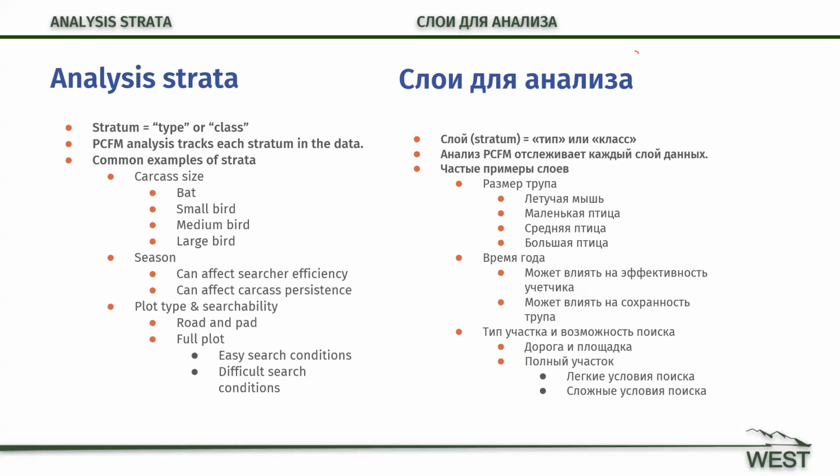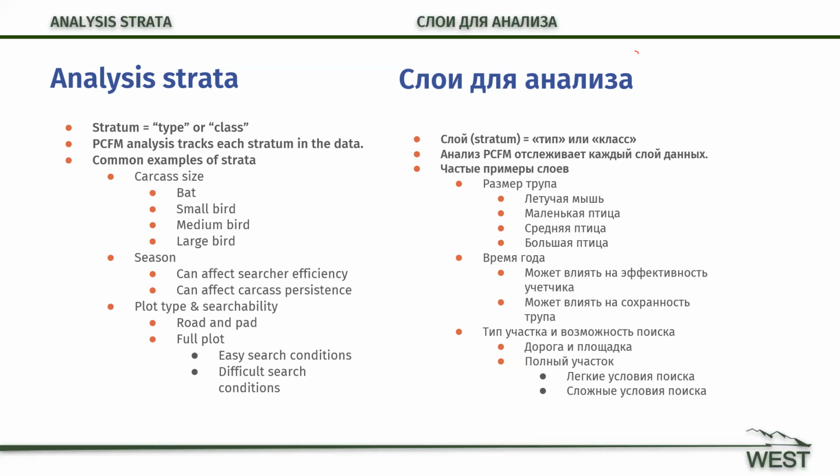So when we find one eagle, that might represent 2 carcasses that actually occurred. When we find a bat, we might only find 1 bat for every 8 that occur. So we need to keep track of all of these different strata in the data so that we can get an accurate estimate.